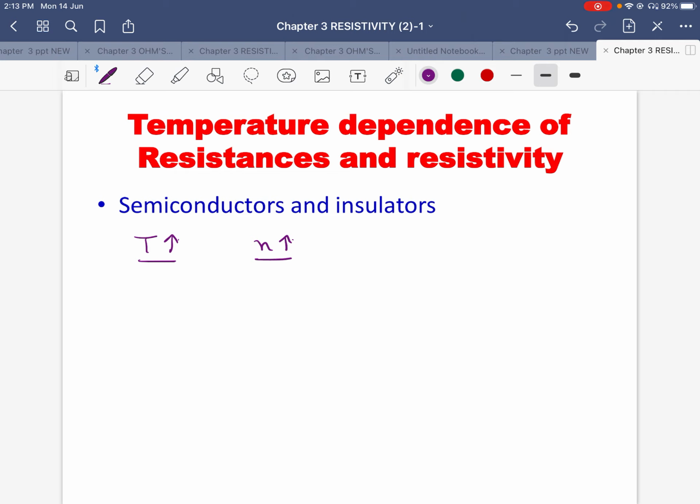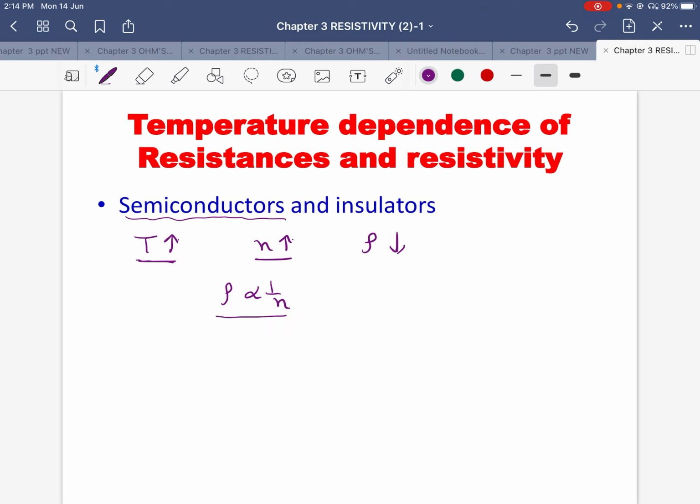With increase in N, resistivity will decrease, because resistivity is inversely proportional to number density, and it also decreases exponentially. Semiconductor and insulator behave in the same way when we consider the effect of temperature. With increase in temperature, the number of free electrons increases, and with increase in free electrons, resistivity will decrease.